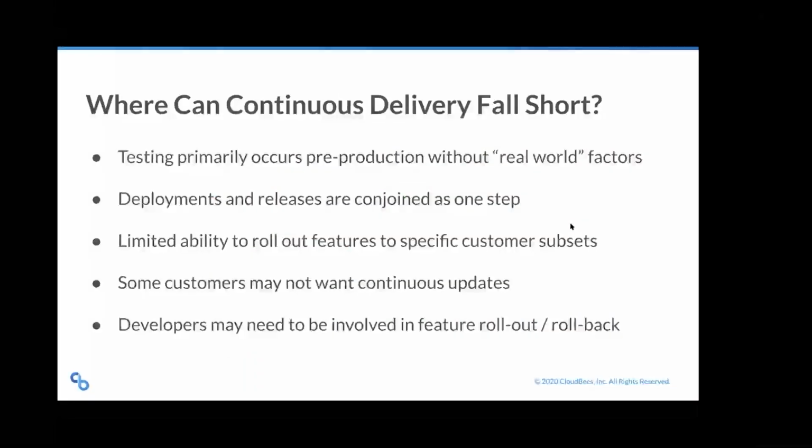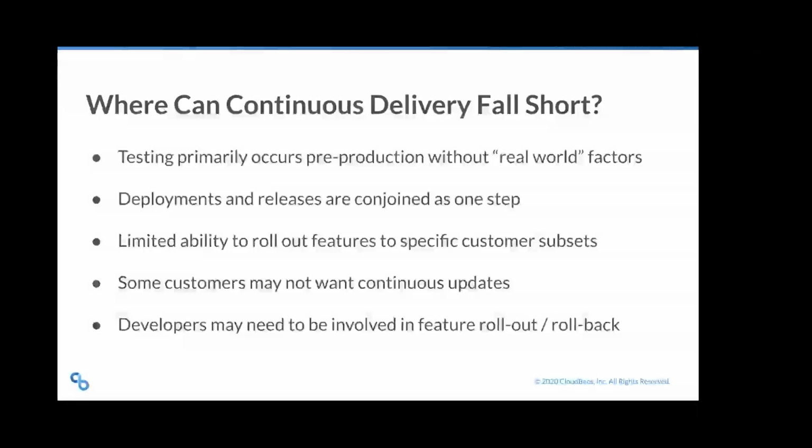As you all are familiar, possibly from the release management side or just general DevOps, there are some places where continuous delivery can fall short. Because all users are running the same production code, testing occurs only in internal test environments without real-world factors. Also, deployments and releases are typically conjoined, so errors impact the entire user base. In addition, there is a limited ability to roll out new features to targeted subsets of the customer base or internal groups for testing and feedback.